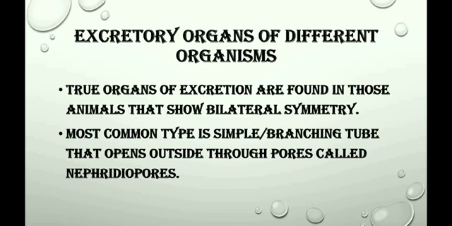For example, human being. If you cut a human being from the axis or center, you will find two equal halves. That means they show bilateral symmetry. So, the most common type of this excretory organ or true organs is a simple or branching tube that opens outside through pores which are called nephridopores, or you can call it nephridia.